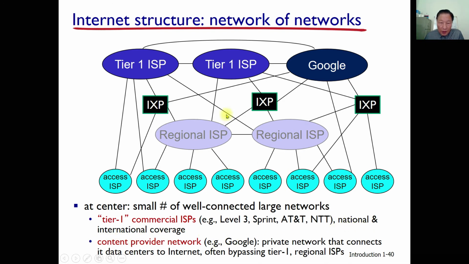And this content providing network, like Google, is providing the worldwide global service. There's a private network that connects data centers to the internet, often bypassing the other tiers to provide a better service, to provide YouTube or Google search engine service.